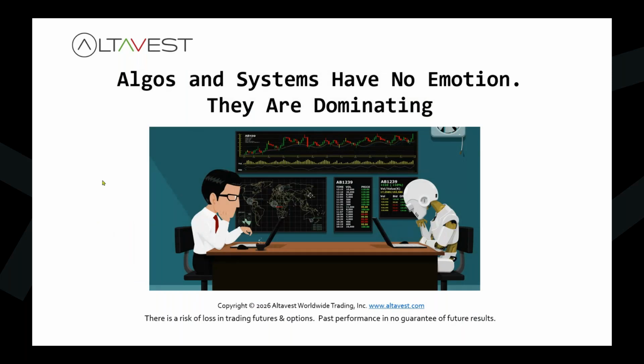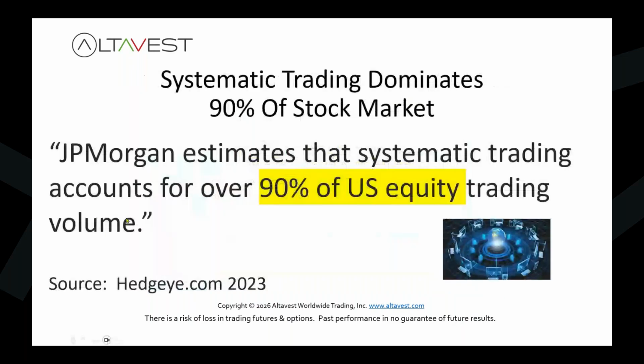And remember, systematic trading, algo trading, machine trading, machine learning, AI, whatever phrase you want to use, it's really dominating the marketplace. 90% of the U.S. stock market equity volume is systematic trading, according to J.P. Morgan, and that was 2 or 3 years ago. So I'm sure that number is just as strong, if not a little higher.